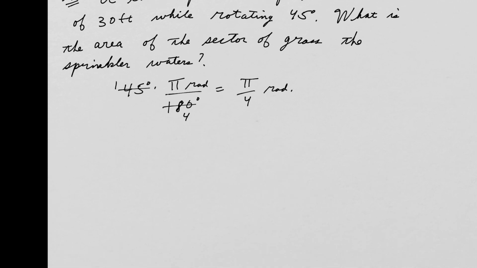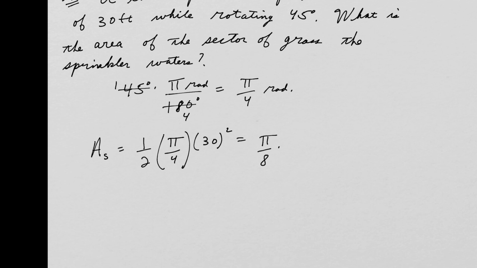And now I can plug into the formula for the area of the sector. It's going to be 1/2 times theta, well that's pi over 4, times r squared, and in this case r was 30, squared. So this will be basically pi over 8 times 900, and then you can work that out.